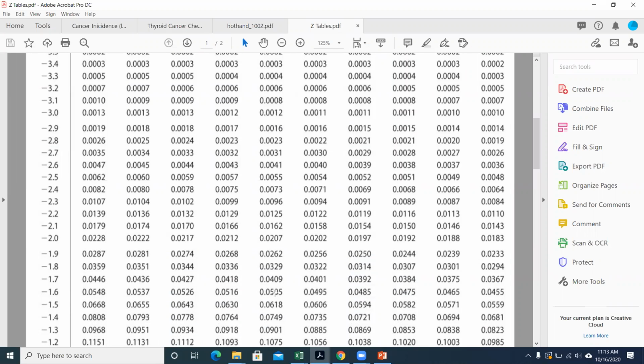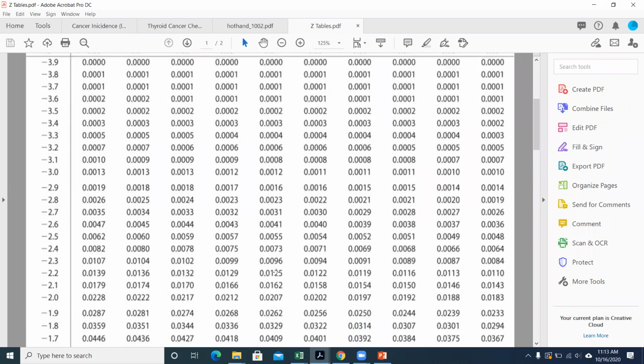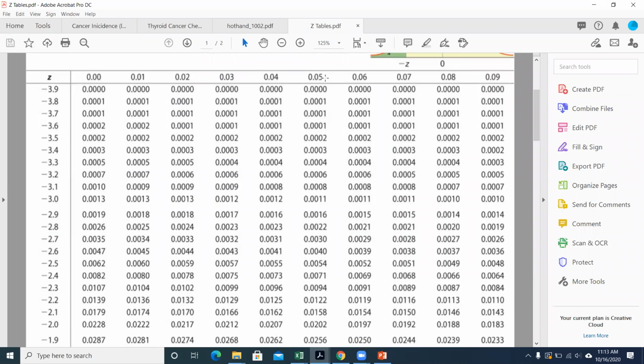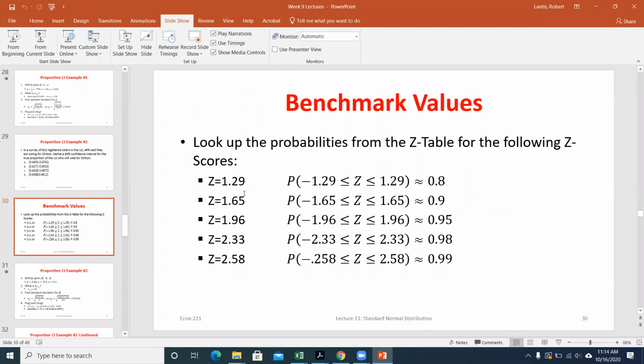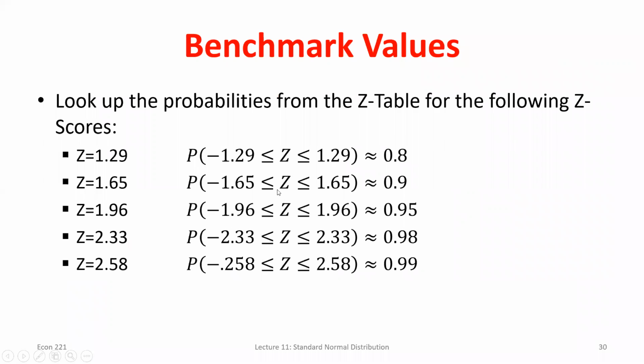So 0.05 is in between these two values, negative 1.64 and negative 1.65, we'll take the higher of the absolute value of those two, so 1.65. Sure enough, that's exactly what I was telling you in these benchmark values. And it'll always be the same, right? If I keep looking up the same alpha over 2, I'm always going to find the same corresponding z-score. So we'll see these z-scores pop up a lot, okay?